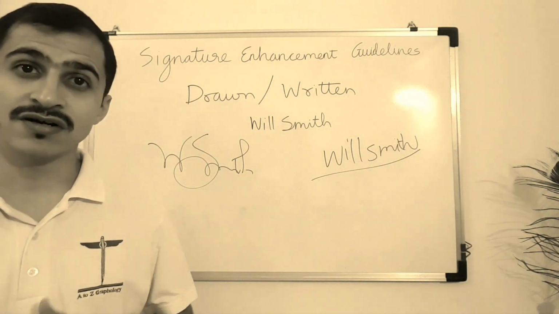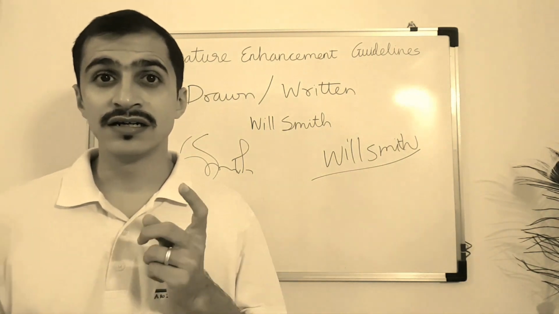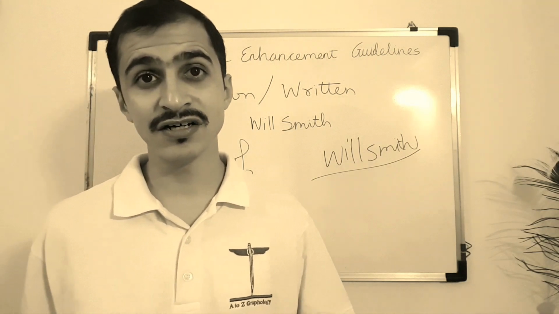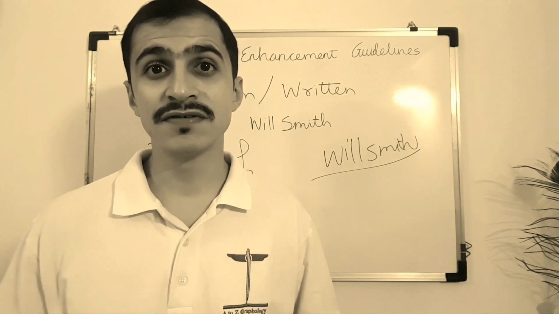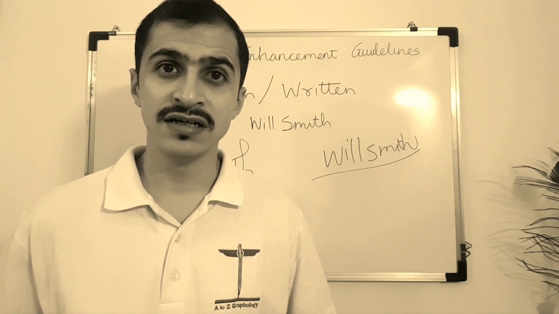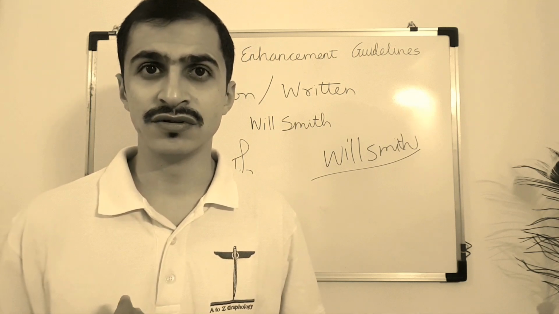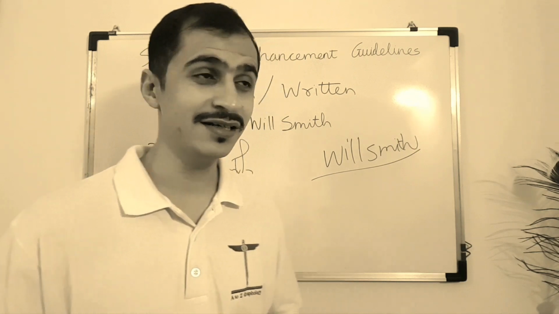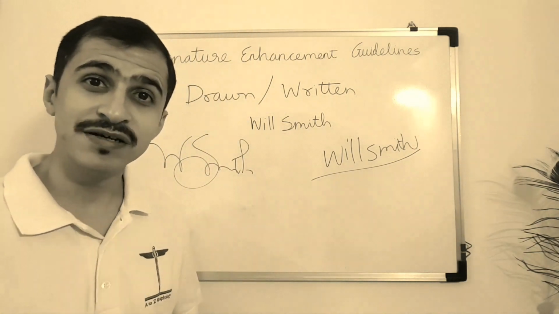So this is about the concept 1. Check your signature and check your body language. If you are having a written or drawn signature, this is the first criteria of observation. Nothing wrong with either of the two. If you are famous and if you require to have an autograph, then a drawn signature can actually be very good.